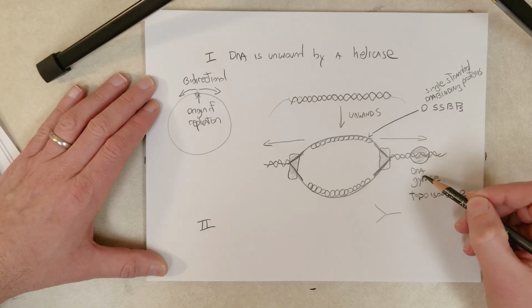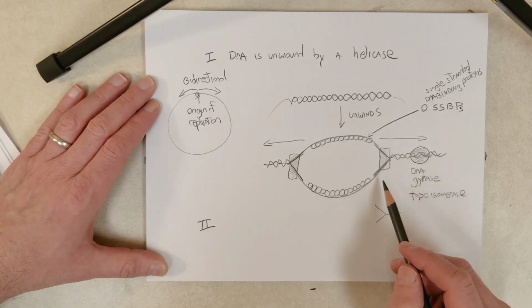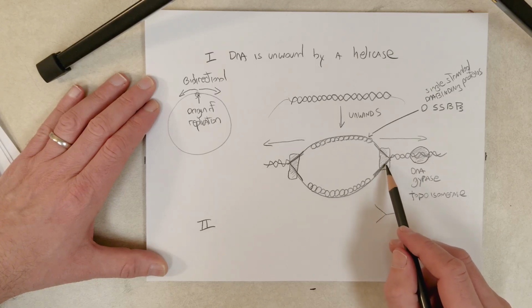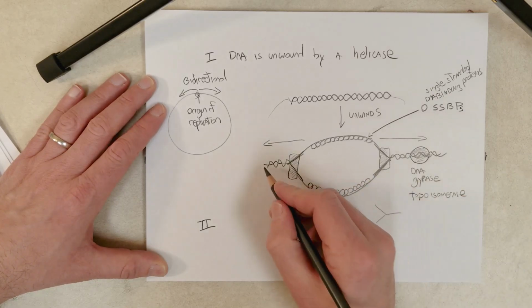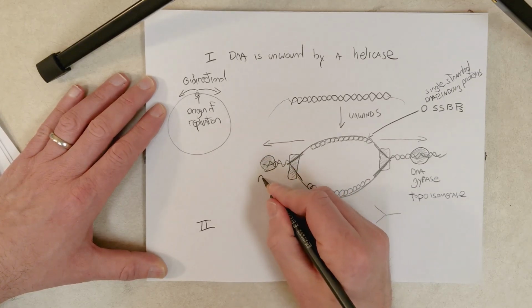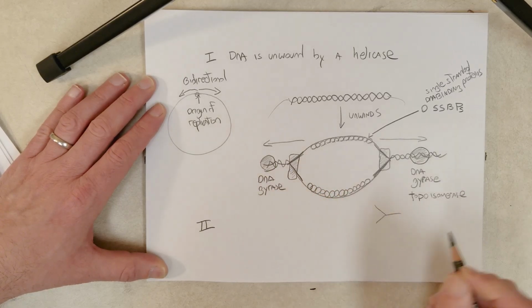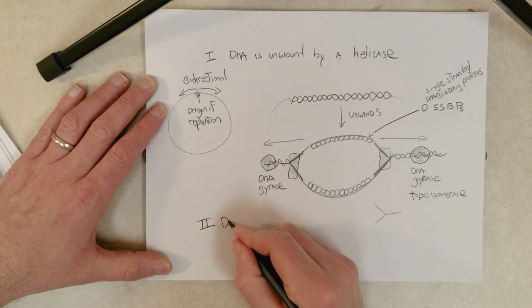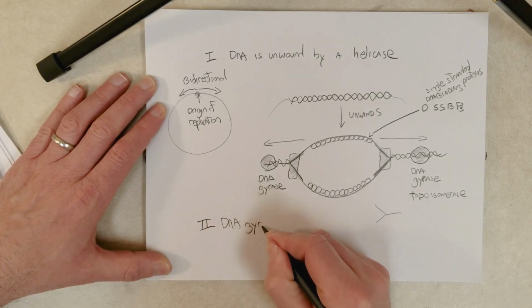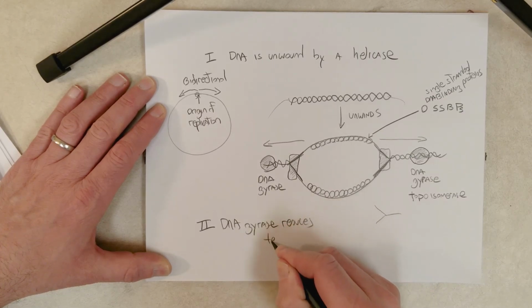So it will release the tension, so the replication fork can keep moving forward and the DNA can keep being unwound by the helicase. There'll be a gyrase on both sides ahead of the replication fork, releasing the tension as it builds up. So that's step two. DNA gyrase reduces tension.